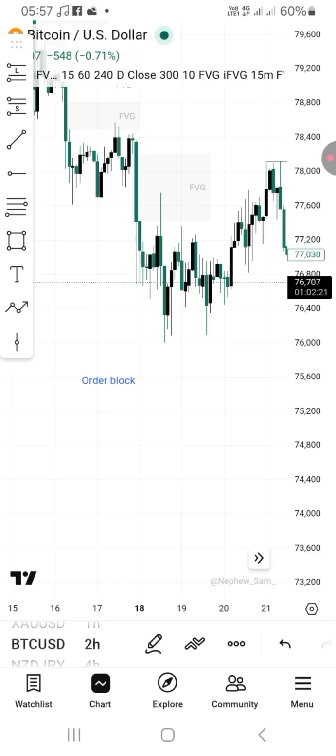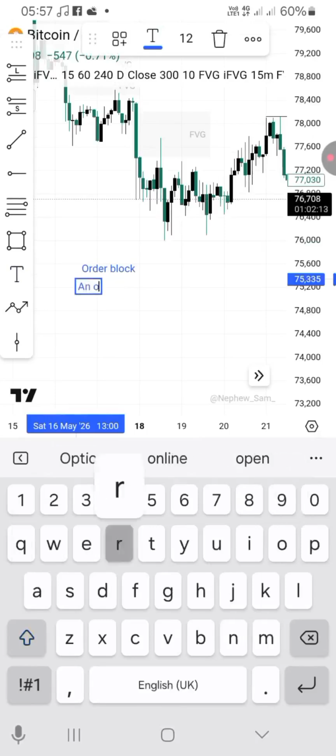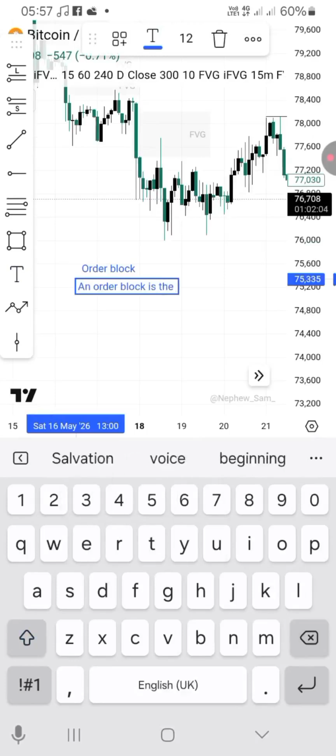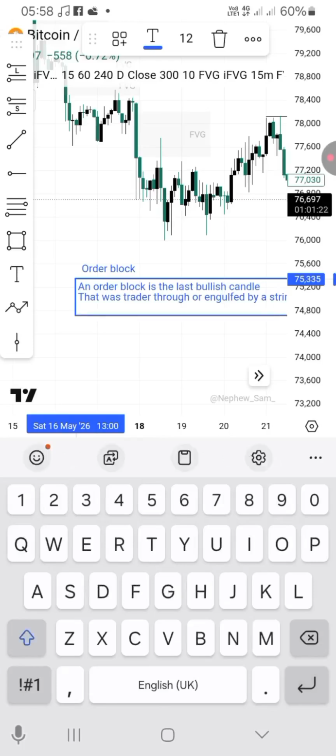Okay, let's write this down here. An order block is the last bullish candle that was traded through or engulfed by a strong bearish candle.